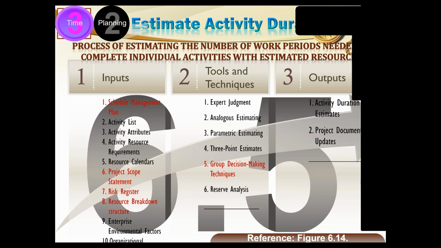Fine. 3-point estimate. Anyone having any idea what 3-point estimate is? Okay. 3-point estimate is something where you are not certain how much time this activity will take.